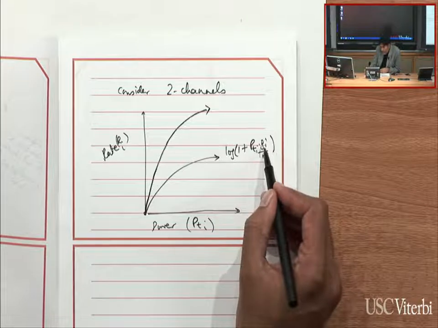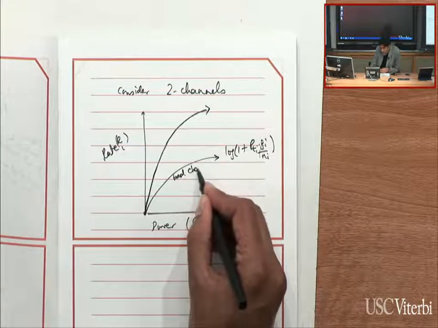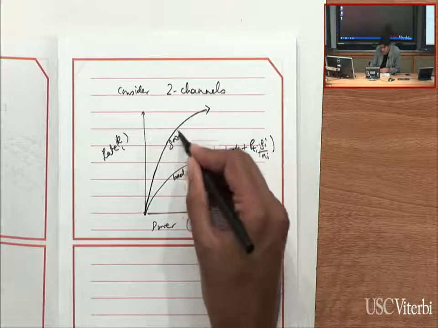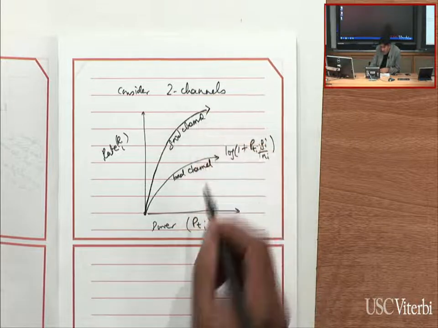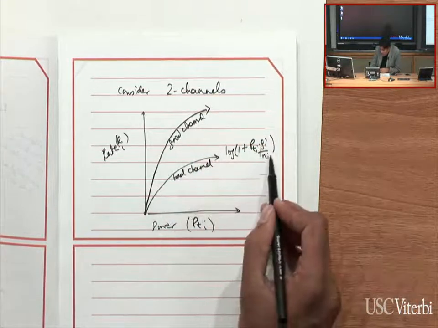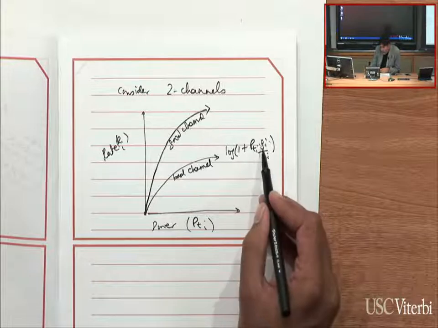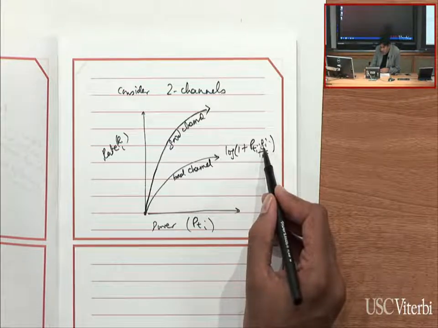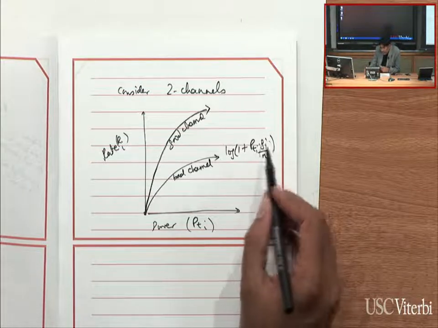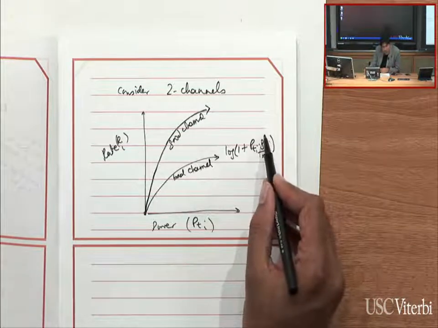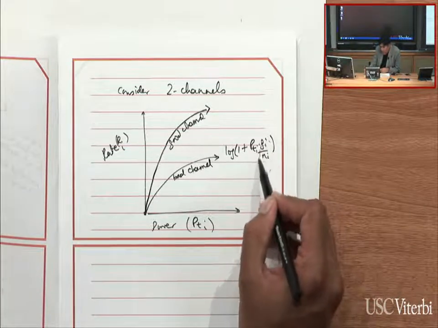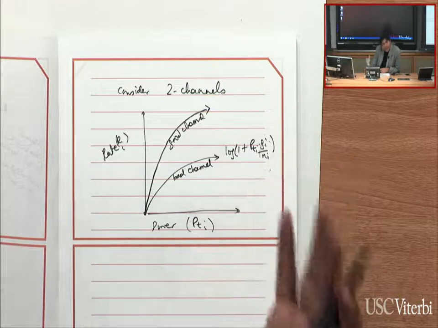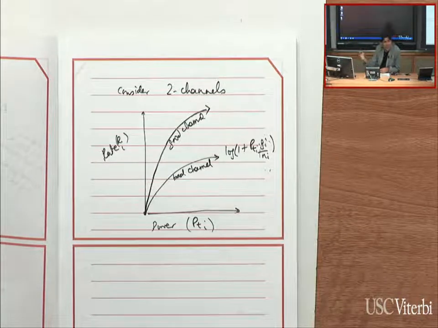So this is a bad channel, this is a good channel. On a good channel, GI is large and NI is small, so this coefficient is larger. You get most of the transmitted power at the receiver, and there's relatively little noise, so it has higher SNR.